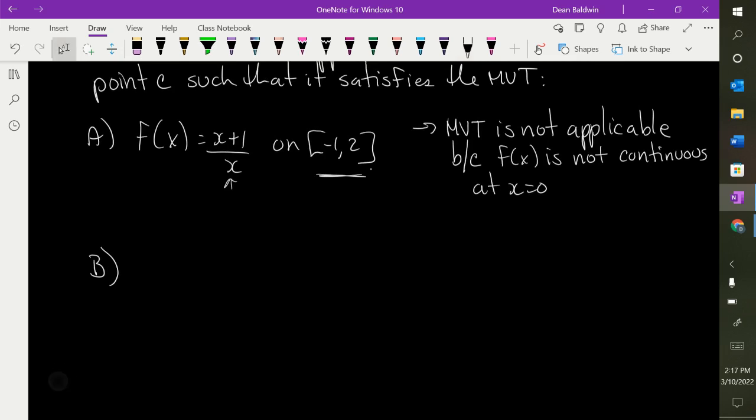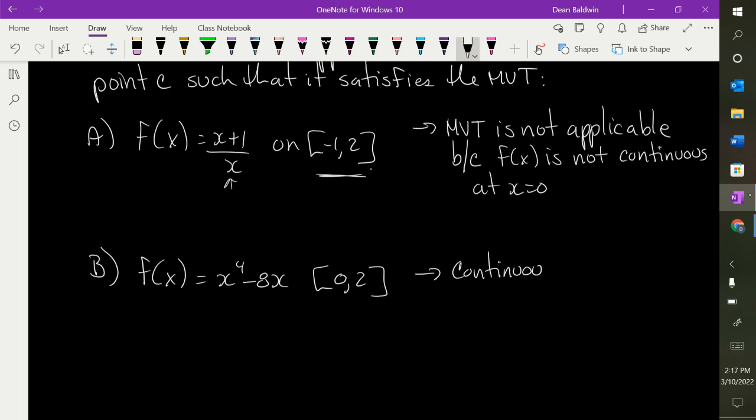So second question. Use the MVT for x to the 4th minus 8x on the interval 0 and 2. So first thing, is the function continuous? Yes. Is it differentiable everywhere? It is, because remember, it's continuous because there's no variable in the denominator.